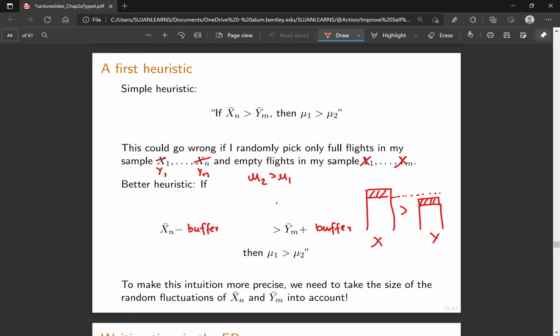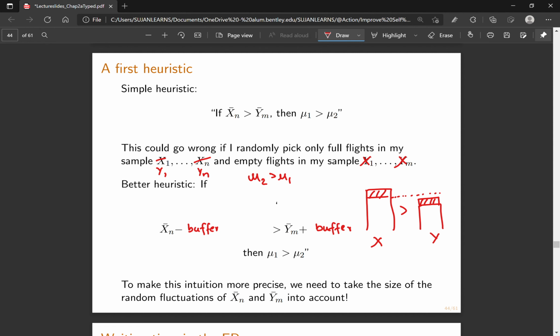To make things more clear, to account for this kind of fluctuation, we need to take into account the size of the random fluctuation in the average of x and the average of y when doing hypothesis testing. In this way, we'll be able to more accurately judge whether our assumption is right or wrong. Let me quickly summarize what we discussed today.